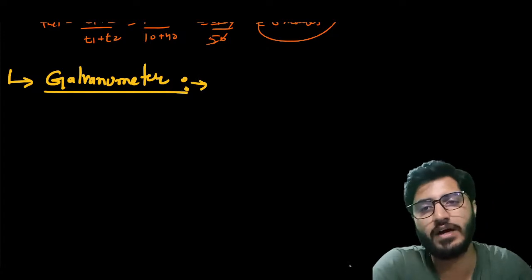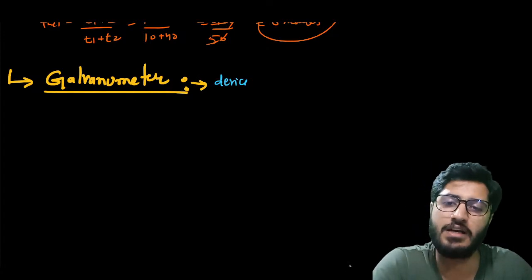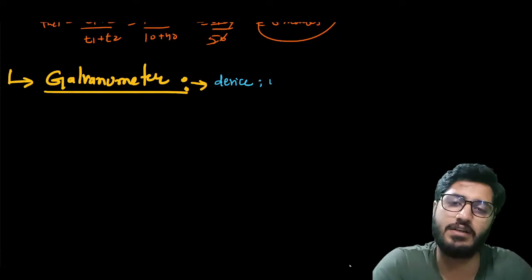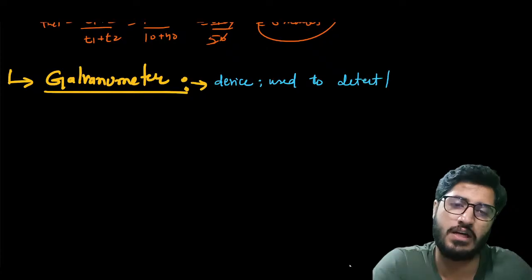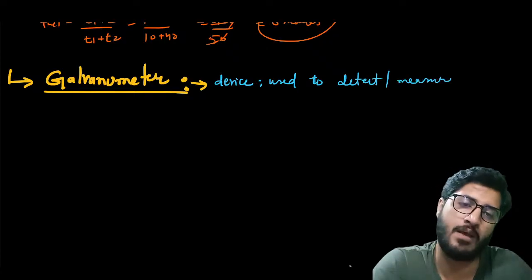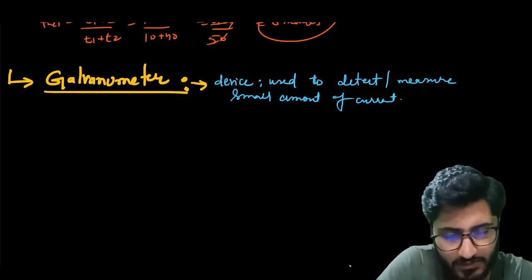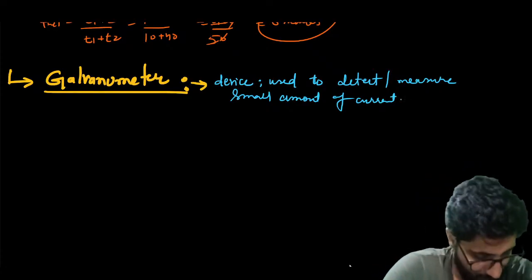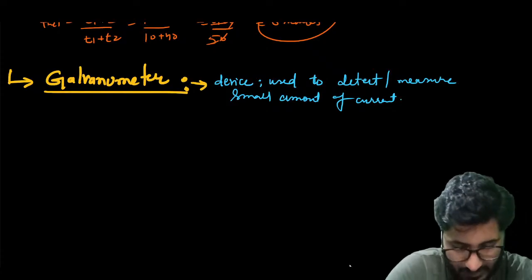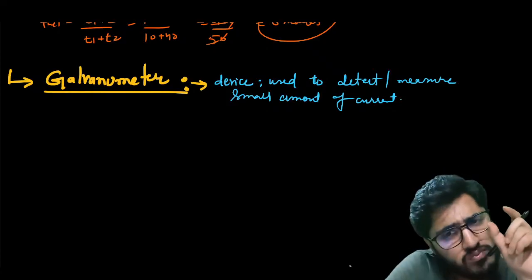Galvanometer is a device used to detect or measure a small amount of current. We use it to detect a very small amount of current.